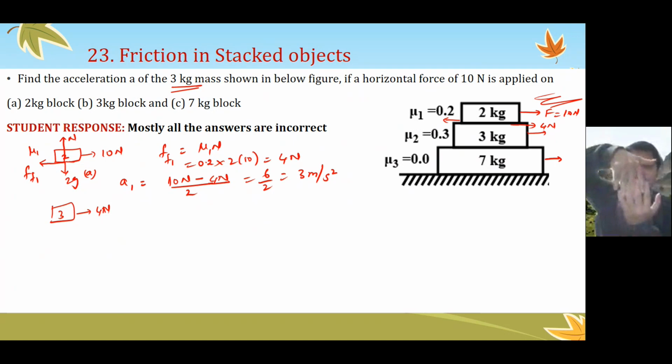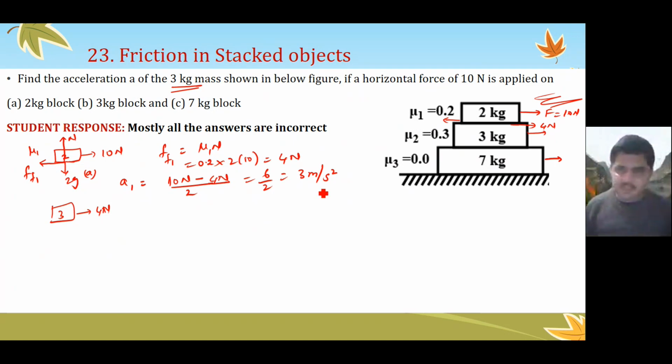If you are pulling the upper block, your 2 kg block, with 10 Newton, not all the 10 Newton is utilized. 4 Newton is in the other direction, and only 6 Newton is being consumed by it. So the rest 4 Newton, this block is also being pulled.